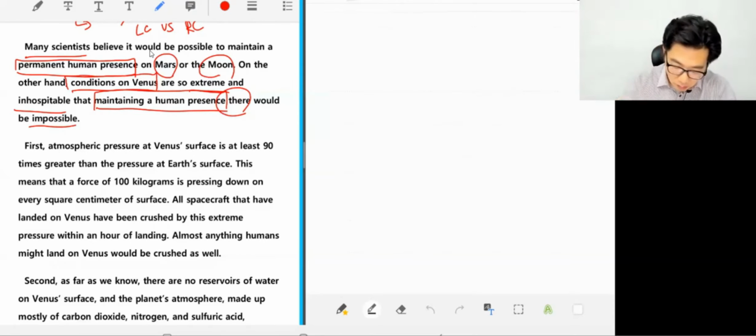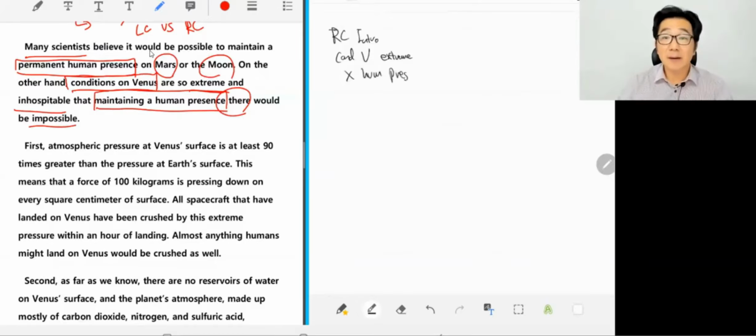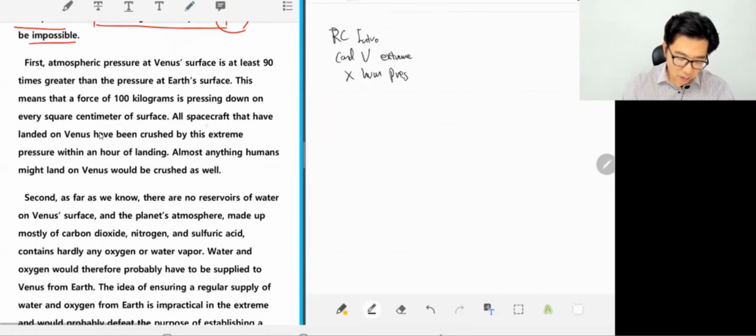So I'll write something like: reading intro, conditions on Venus extreme, cannot maintain human presence. I can make a full sentence out of this: Conditions on Venus are so extreme that maintaining human presence on Venus is impossible. Done. Good start, body 1.